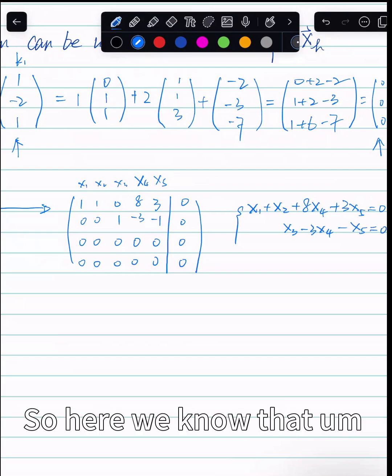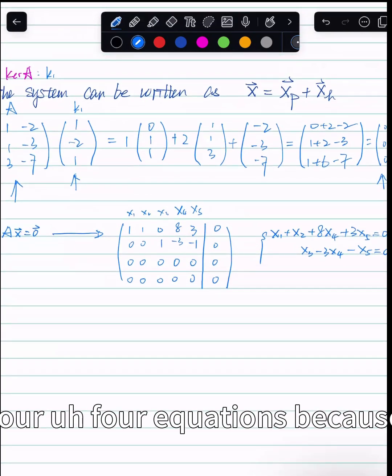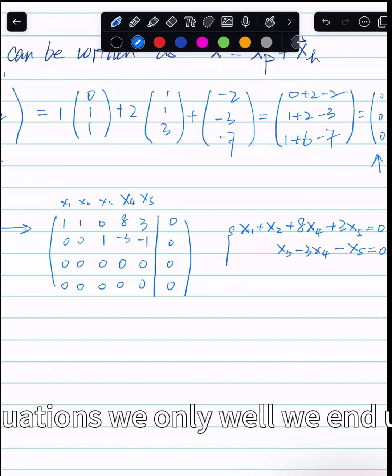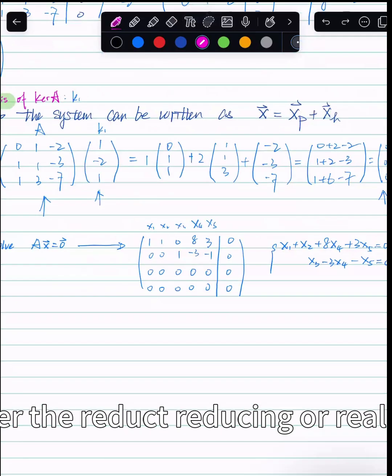So although we have four equations, because each row represents an equation, we only end up with 2 actual equations after row reducing.